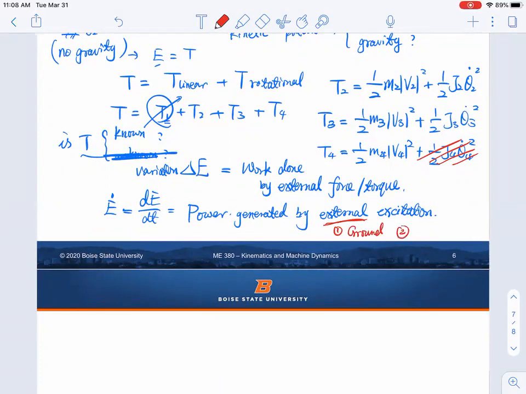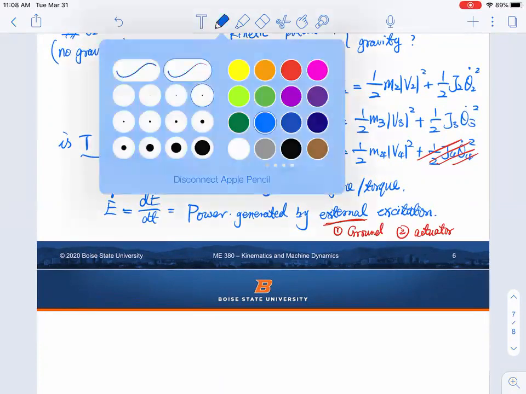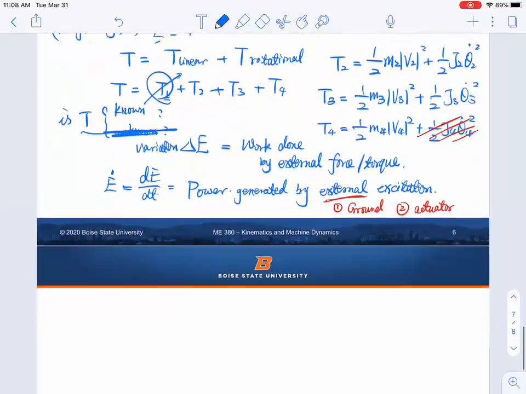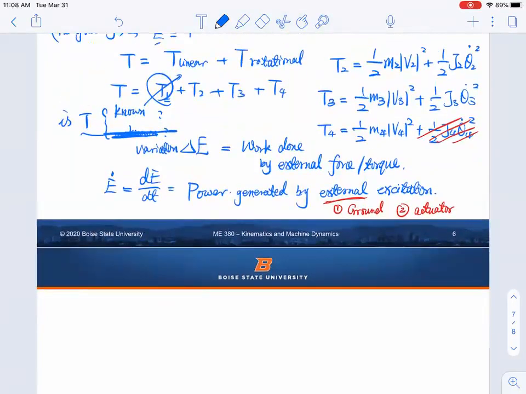Number two, by the actuator. That means either a hydraulic pump, a motor or anything else. Any motors or actuators driving the system are going to be considered as external. And then the ground force is also going to be considered as external excitation.